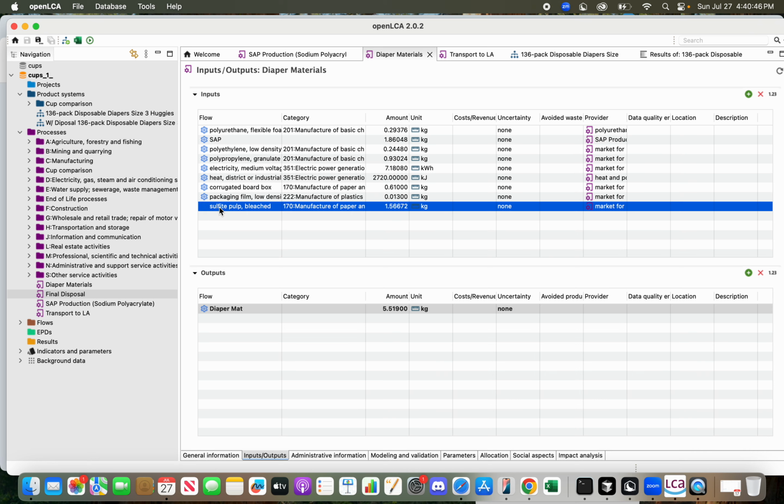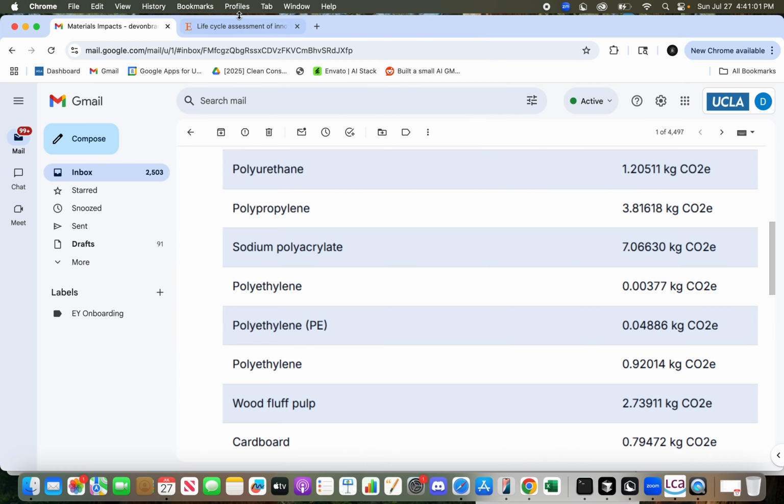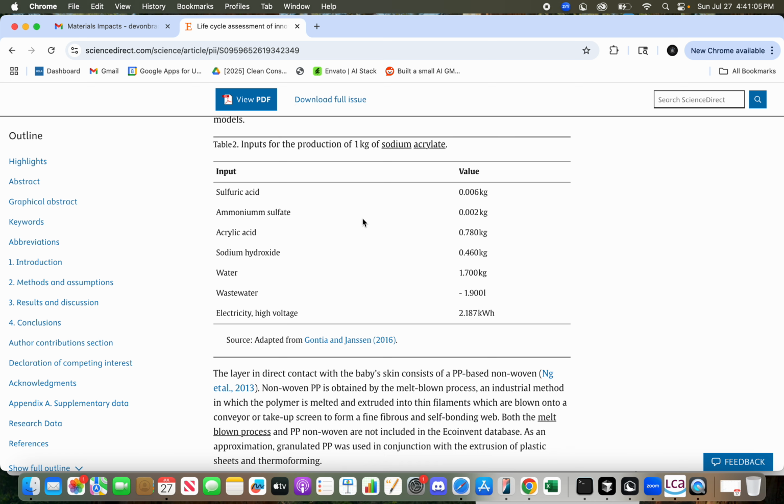One was the wood pulp. I had to use sulfite pulp as a substitute, and then also the sodium polyacrylate. So for the sodium polyacrylate, or SAP, I had to make my own production process. And to do that, I followed this scientific paper that has all the inputs for producing 1 kilogram of sodium polyacrylate.